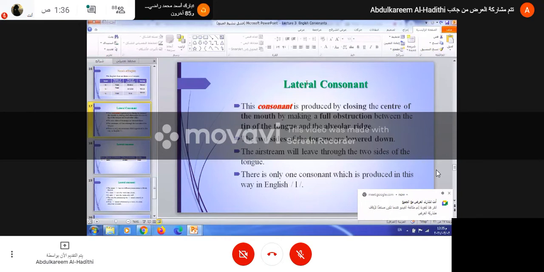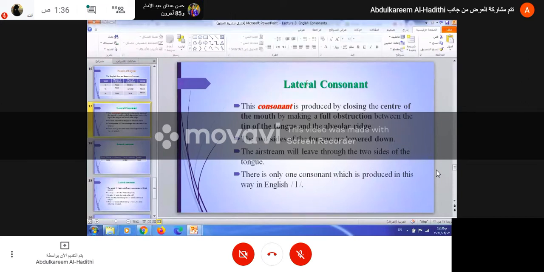We call it lateral because when we produce the sound, the tip of the tongue is against the alveolar ridge. So it closes the center of the mouth. But the two sides of the tongue are lowered down.